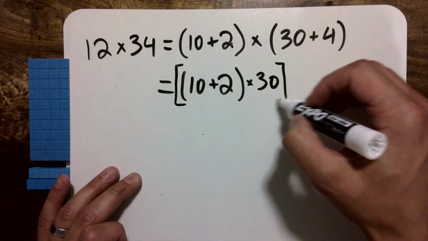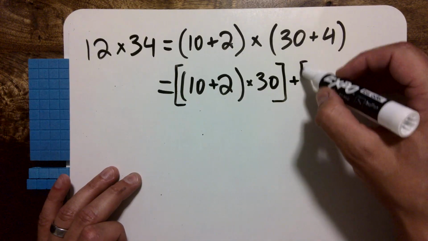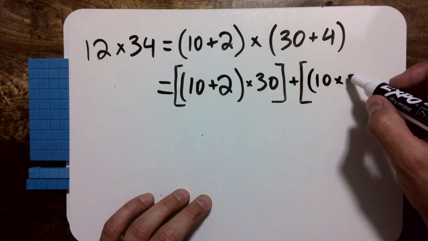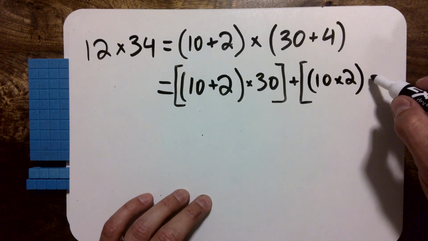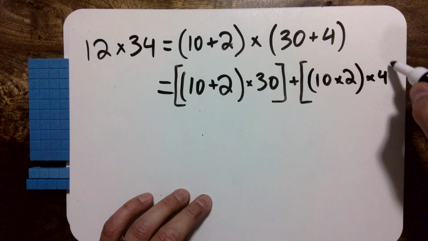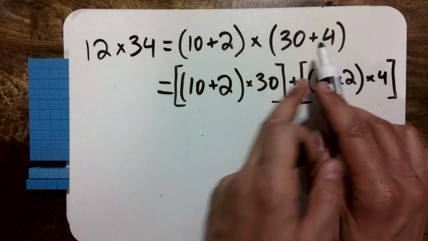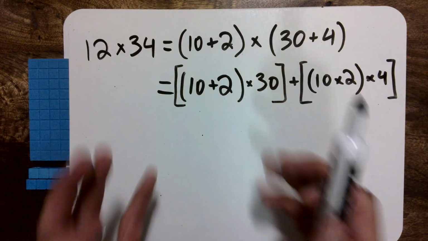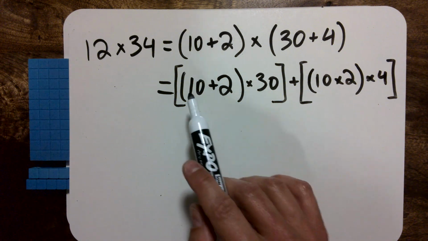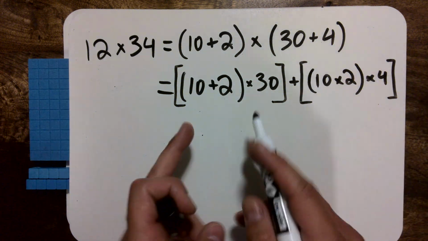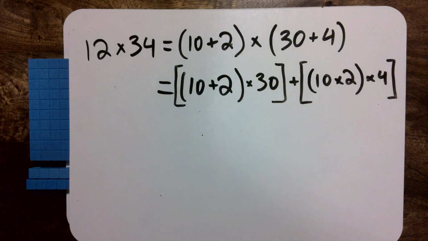I'll put some brackets in here. We're starting with that entire quantity of 10 times 2 being distributed to the 30 and to the 4. And then we're going to do the distributive property again for each of those subsets in those brackets.